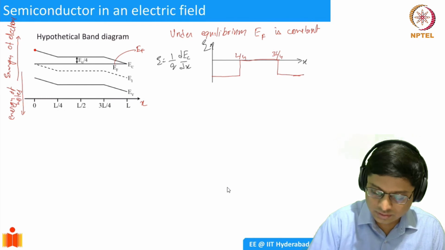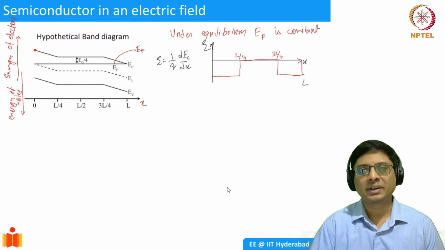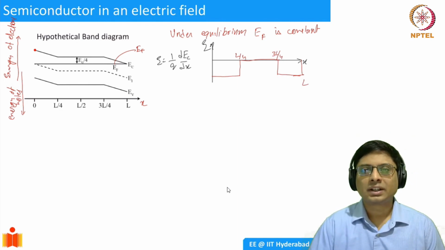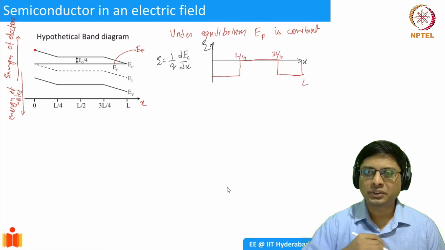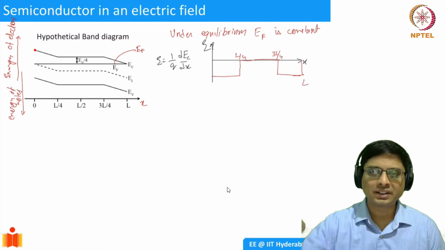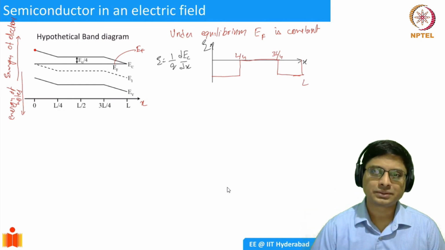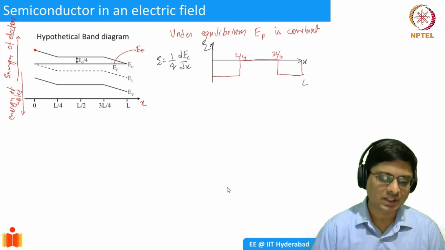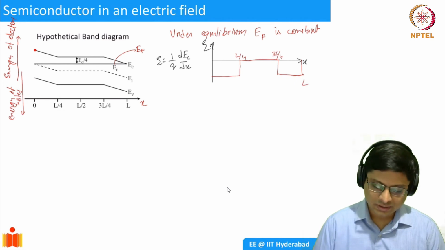Okay, so this will be L. This is how your electric field is going to be in a semiconductor. Remember always, because we will be showing you band diagrams of PN junctions and MOSFETs, whenever you see a gradient, along the gradient, holes will travel, and electrons will travel opposite to the gradient. This is how you should think about it. All right, so this is your electric field.